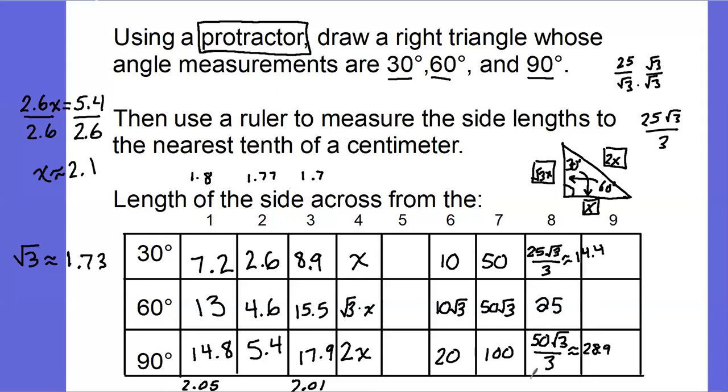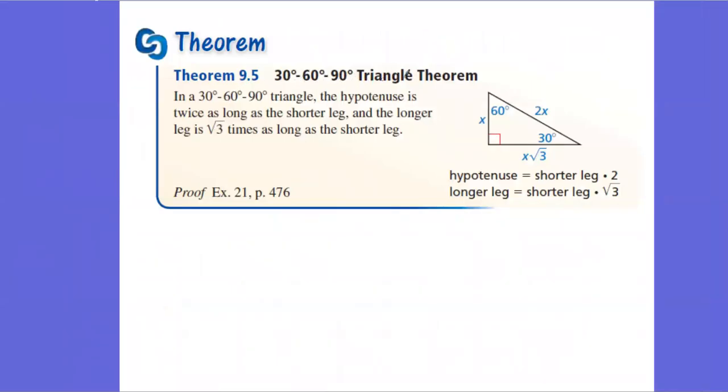Just to show you what it looks like in your textbook. So in every 30, 60, 90 triangle, this is the 30, 60, 90 triangle theorem, the hypotenuse is twice as long as the shorter leg. So across from my 30 is my shorter leg, and across from my 60 is, I guess, my medium-sized leg.